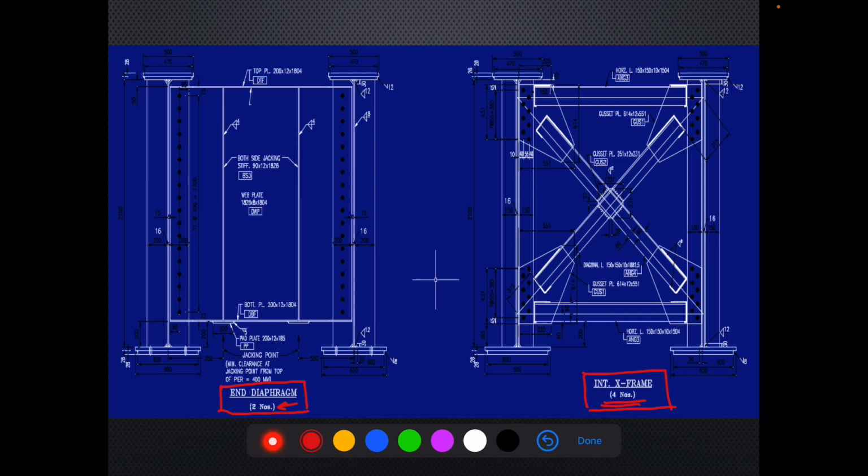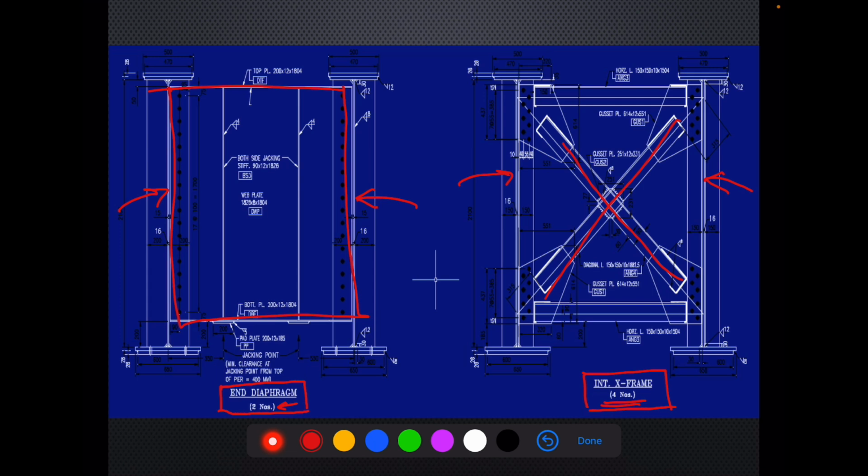We have just seen that there are two I sections interconnected at the ends by an end diaphragm. Similarly, here also we have two I sections interconnected in between with the help of intermediate cross frames at regular intervals.